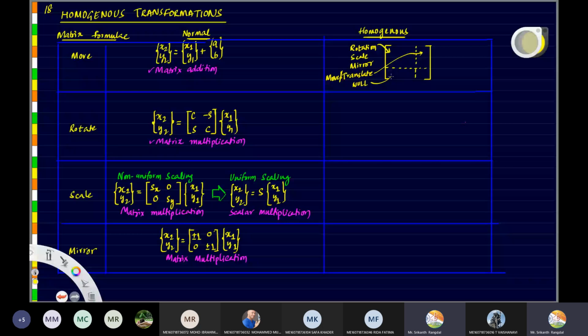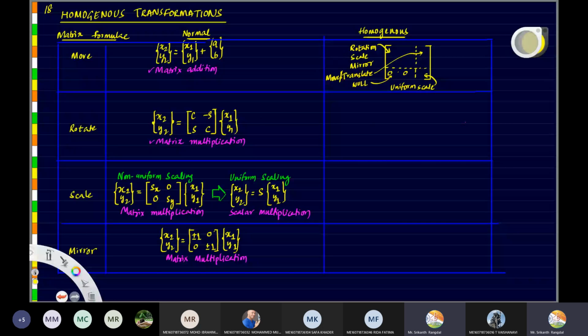And scale we will get here. And what kind of scale? Actually, uniform scale we will get here. Uniform scaling, if you are doing, you will get it over here. Fine. So this is how the homogeneous function is going to work. Okay.